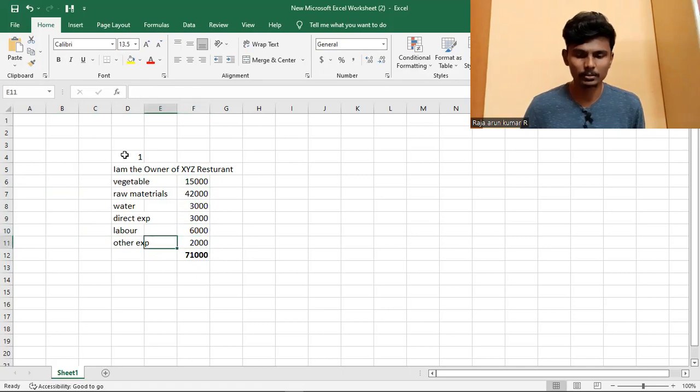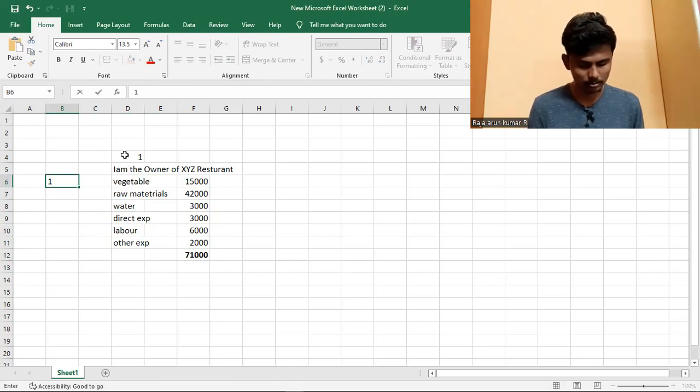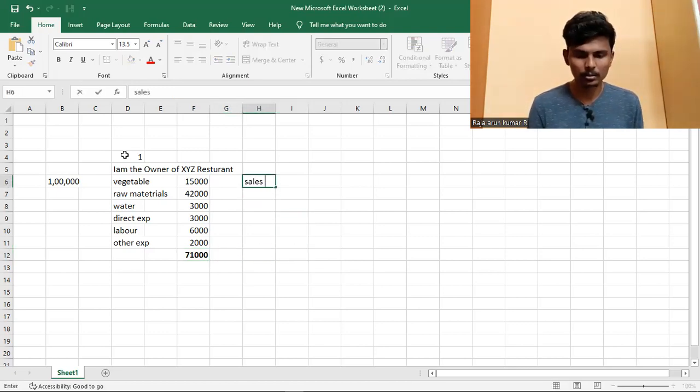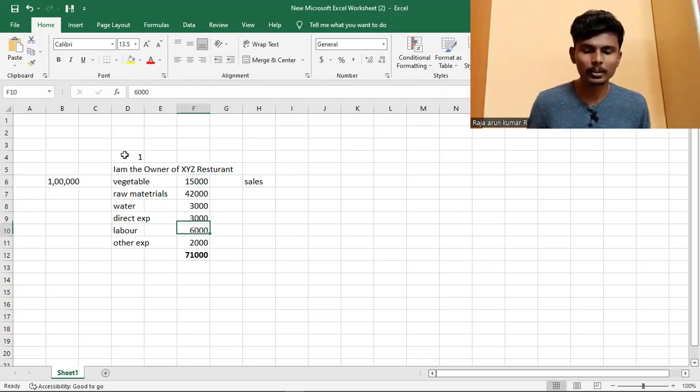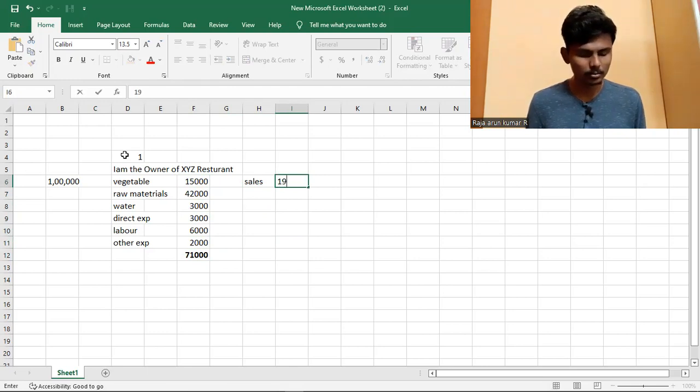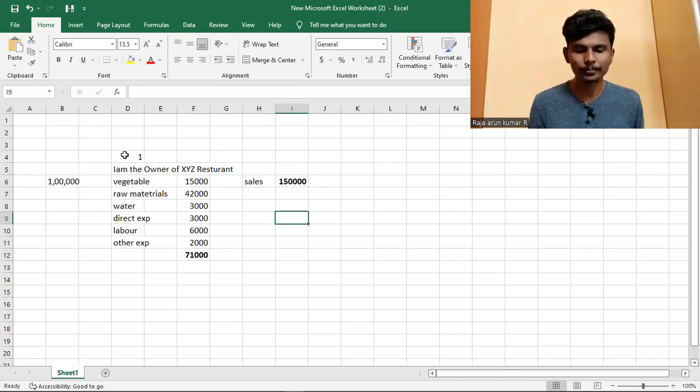This is the estimate. I have a capital of rupees 1 lakh. The operation cost will be 71,000, and I spend these 71,000 from that 1 lakh. The sales, for example, is 1,50,000.